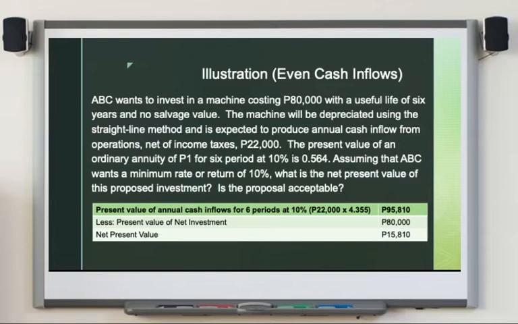The problem did not ask you to compute for the present value factor. They already gave it to us, and that is 0.564. In cases the present value factor is not given, you may use the table of present value factor for ordinary annuity, or you may compute it using your calculator.